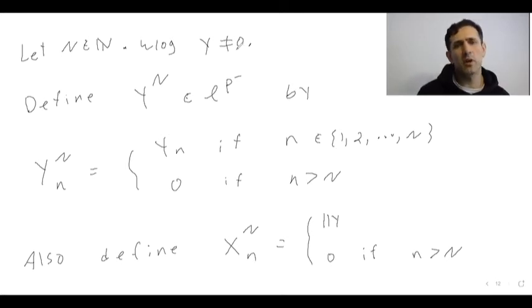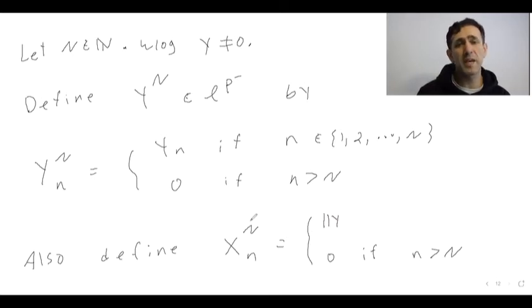If y is 0, then there's nothing to do. That just means your original bounded linear functional is the zero functional, and everything is 0. So let's assume without loss of generality y is not 0.